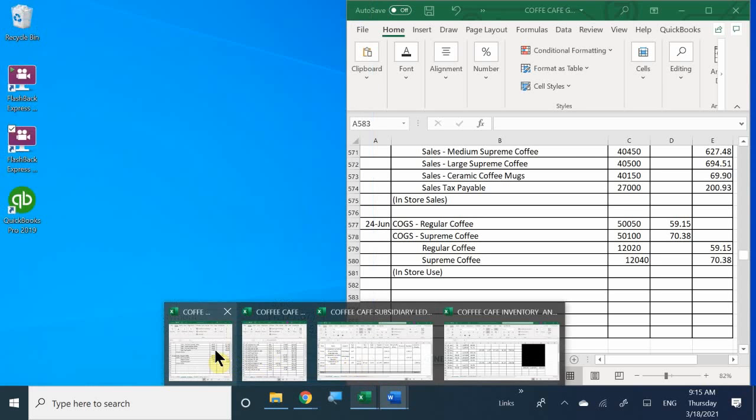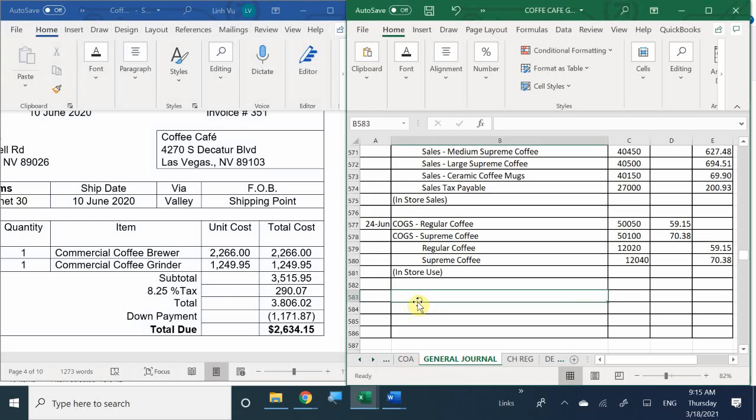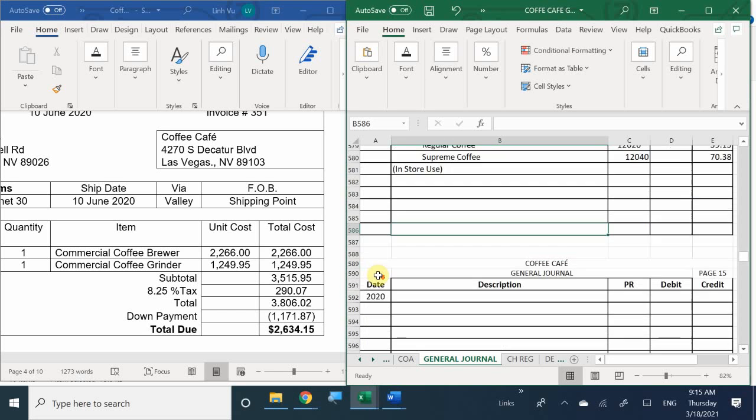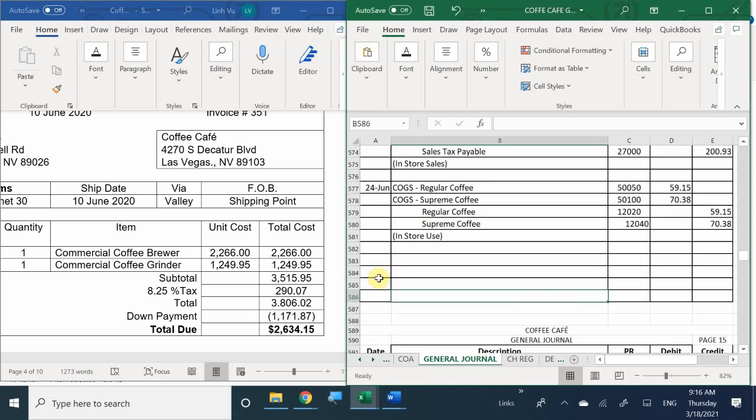How do I journalize that? All right, for this transaction, we barely have enough space. Yeah, we barely have enough space. So I'm going to go ahead and have you draw that line once again, and we'll just continue on to the next journal over.